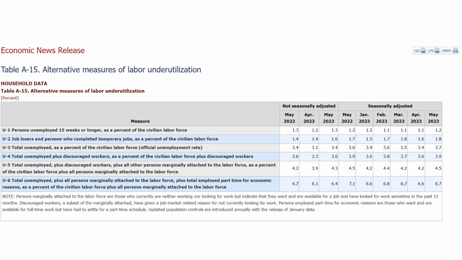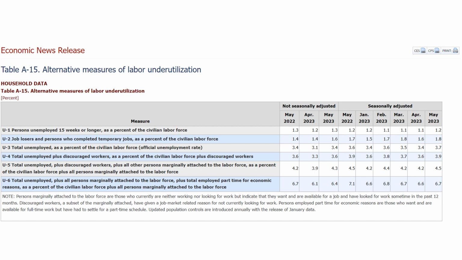Now, what's interesting is looking at the A15, the alternative measures of labor underutilization. Again, we go all the way from U1 all the way out to U6, including, of course, that official unemployment rate at U3. But jumping ahead to U6, this is the one we look at for the most.